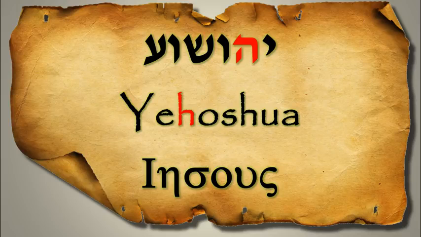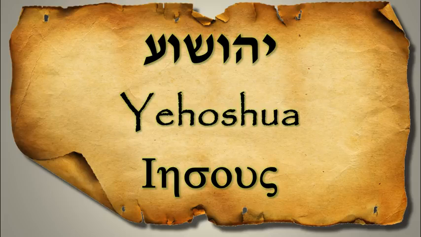The Greek alphabet also has no SH sound, so it uses the S sound. Then, Greek male names end with S, so the S was added at the end. And this is how Yehoshua, the Hebrew name, became Iesous, the Greek name.